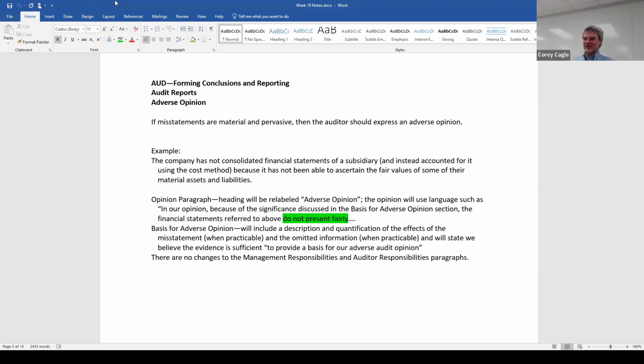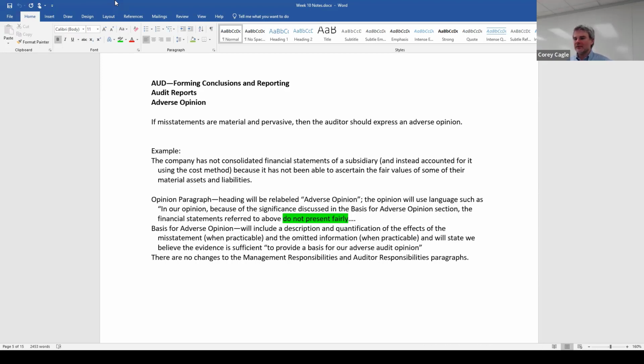So I dug around to find an example. You might have a company that had not consolidated the financial statements of a subsidiary and instead accounted for it using the wrong method, and didn't have a way to ascertain fair values of some of the material assets. They just can't yet. So they're not fairly presented. That's an example. Adverse opinions would be unusual, but yeah, they can happen.